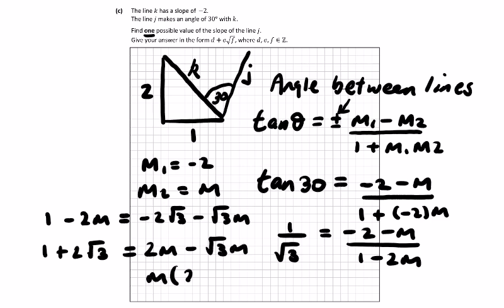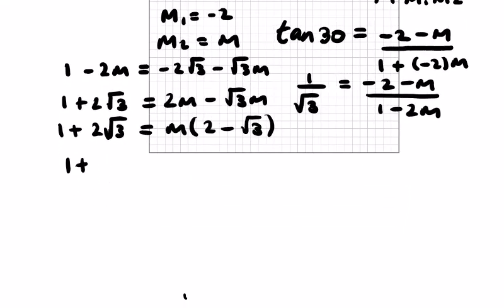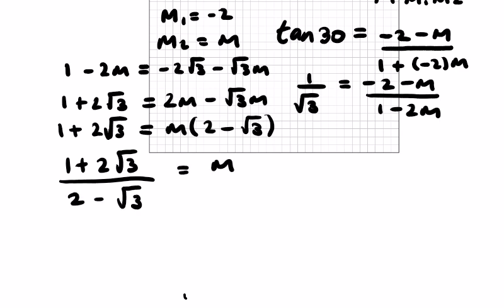If we factor out m, we'll get 2 minus root 3 on the right and 1 plus 2 root 3 on the left. Can this be done any quicker? I feel like I'm making a mess of it. Please tell me it can be done quicker. 1 plus 2 root 3 over 2 minus root 3 is equal to m, and we don't like surds on the bottom, so we could soon tidy this up.